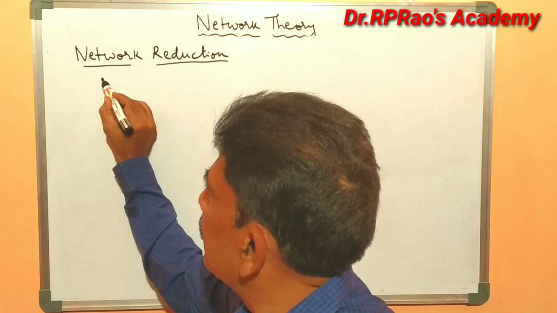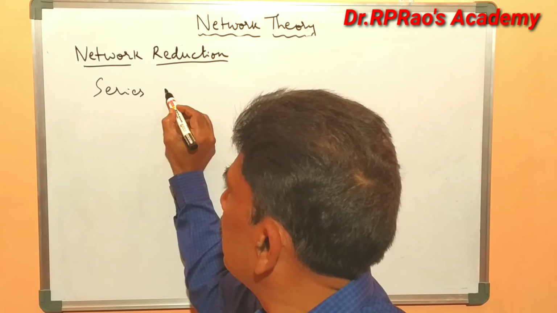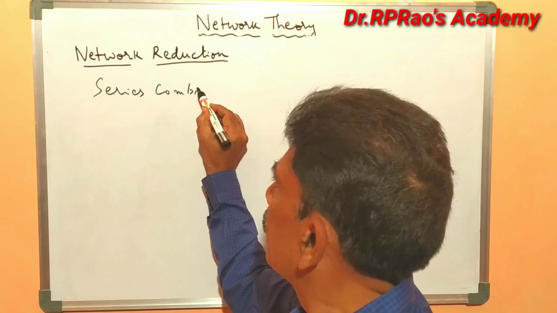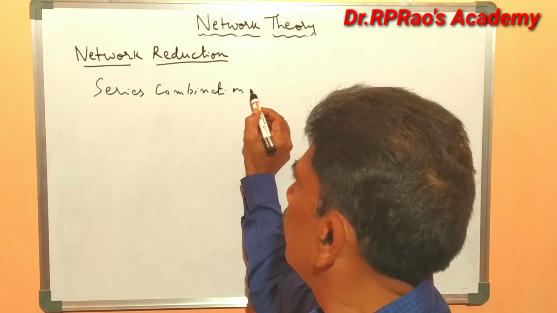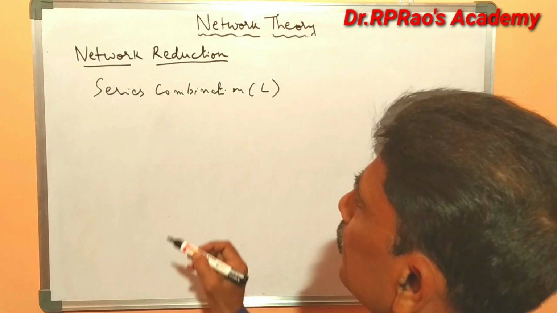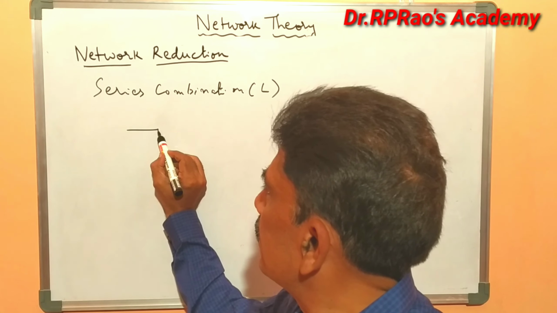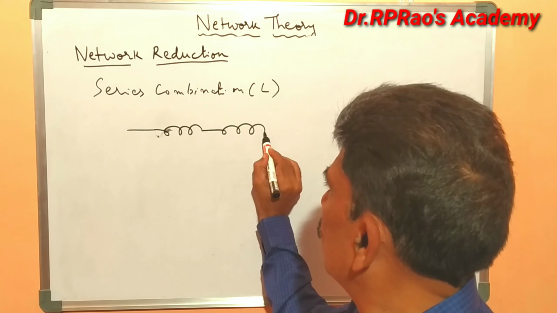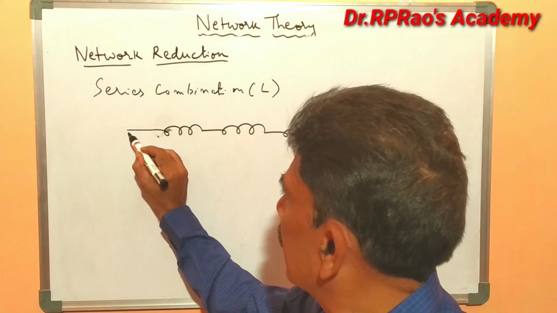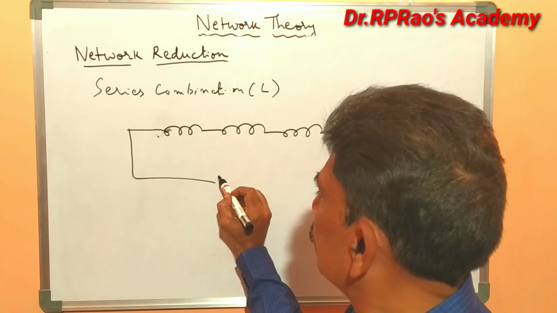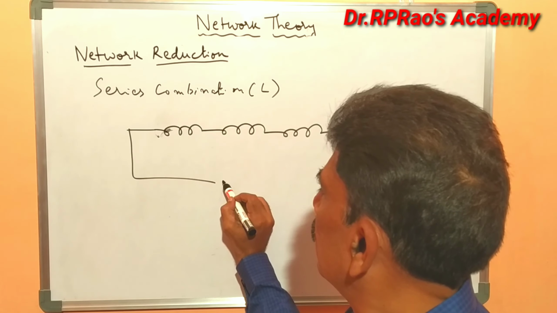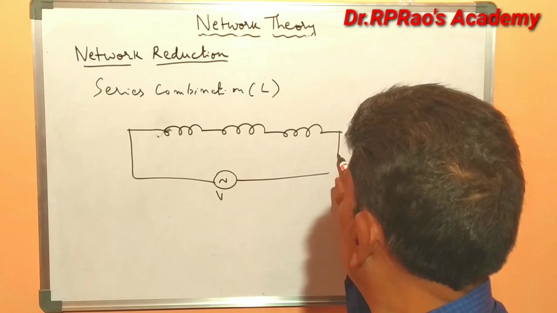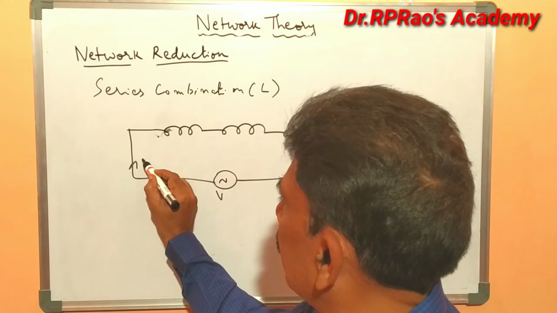Okay. Now let us consider the series combination of inductors. Let us consider three inductors, denoted by a symbol like this: 1, 2, 3, connected across a voltage source V. Let I be the current.